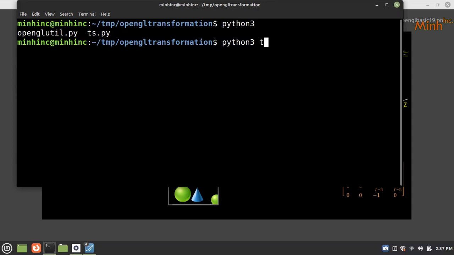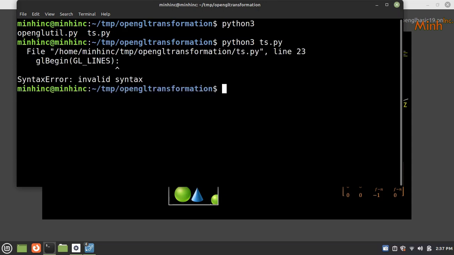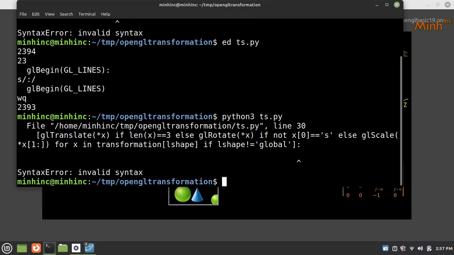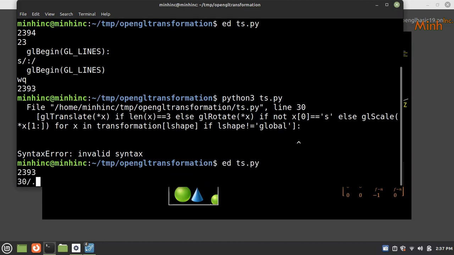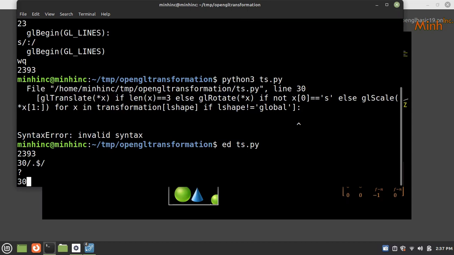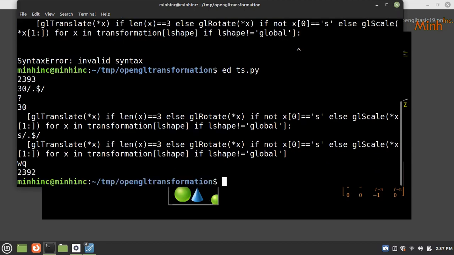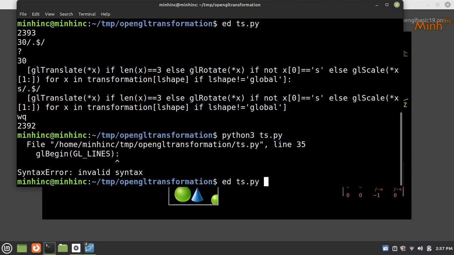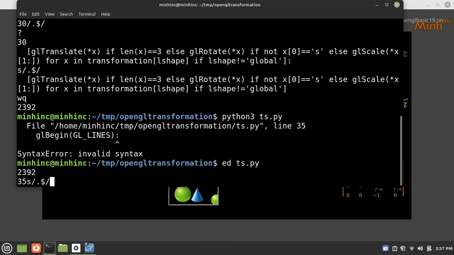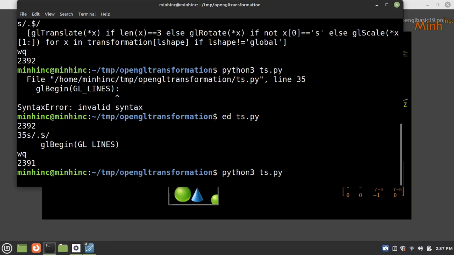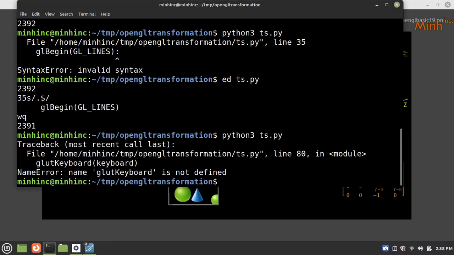Python ts. Okay, so GL begin. Okay. Glut keyboard is wrong.